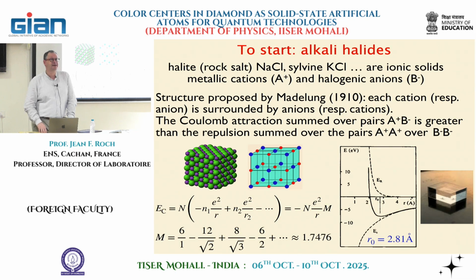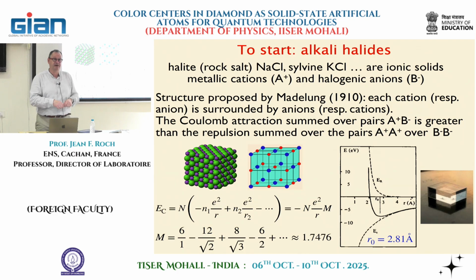And to start, let's go to another system, the alkali halide compounds. An alkali halide is, for instance, NaCl, rock salt, or sylvine, KCl. All those are ionic crystals, ionic solids, that correspond to the ionic bonding between a metallic cation A+, like Na+, due to the difference of electronegativity.